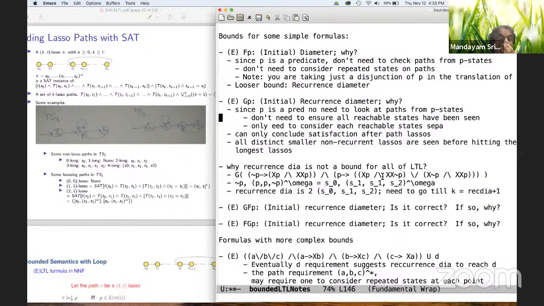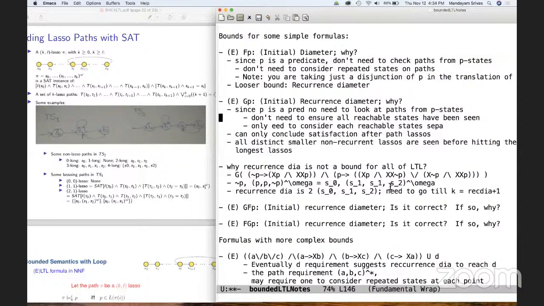So you might end up having to check from paths originating from some of the suffix indices. That's exactly what is happening here. The only way that you could get a path that satisfies this is to consider repeated states in this system.